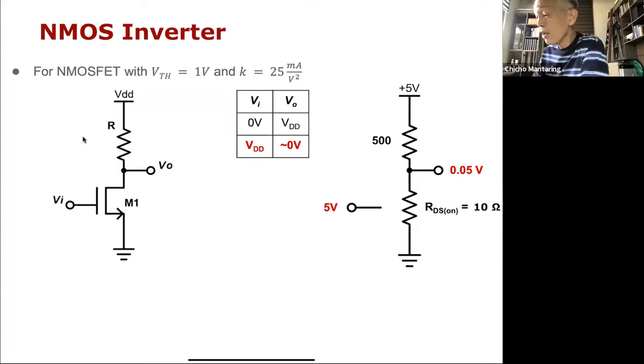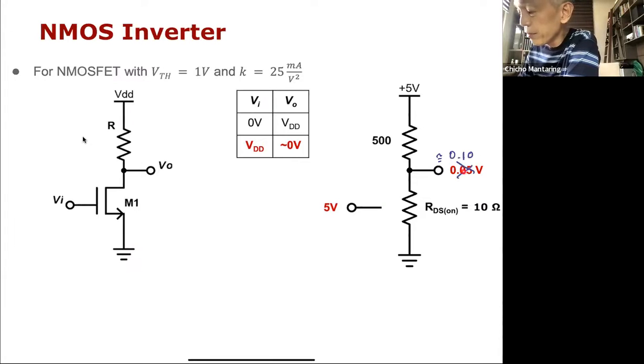So if I get the output using voltage divider, 5 times 10 divided by 510, that's going to be approximately equal to 0.05. Sorry, mali, this is wrong. It should be approximately equal to 0.1.